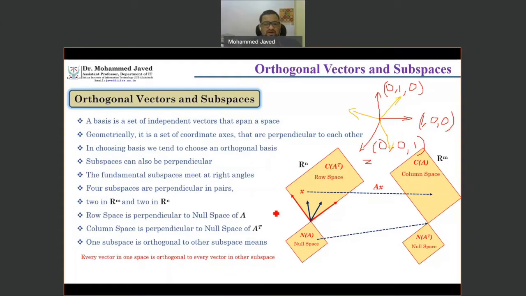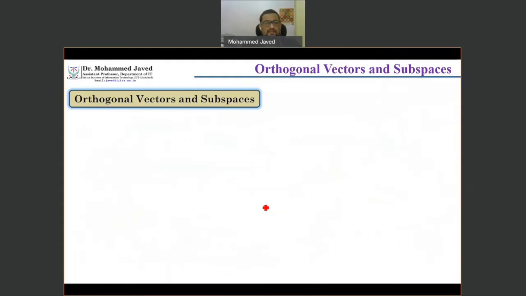That is the idea in this slide. Now, what is the meaning of row space being orthogonal to null space of A? If x is a vector in the null space, then when we multiply by the matrix, AX, the output is 0 because x is in the null space of A.